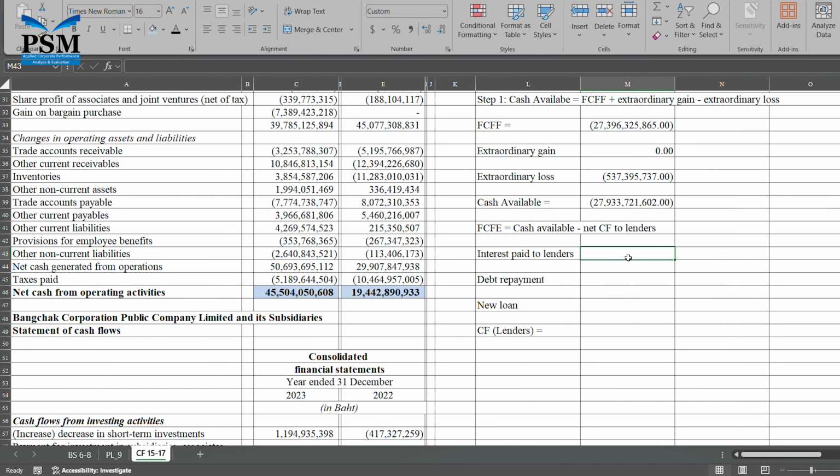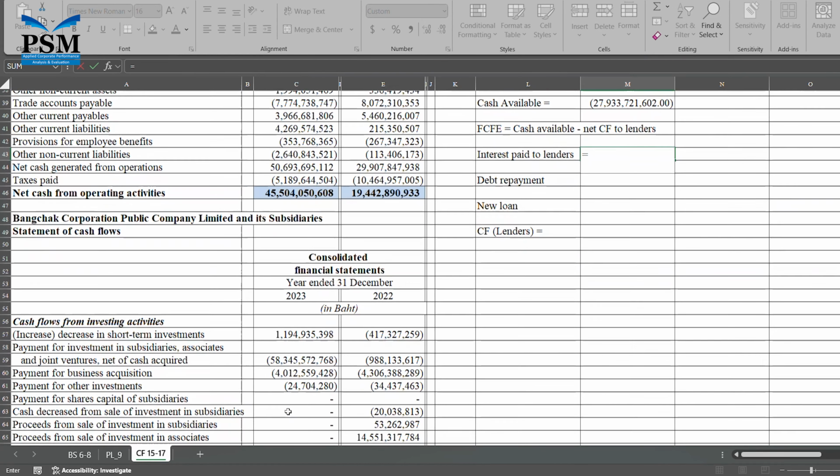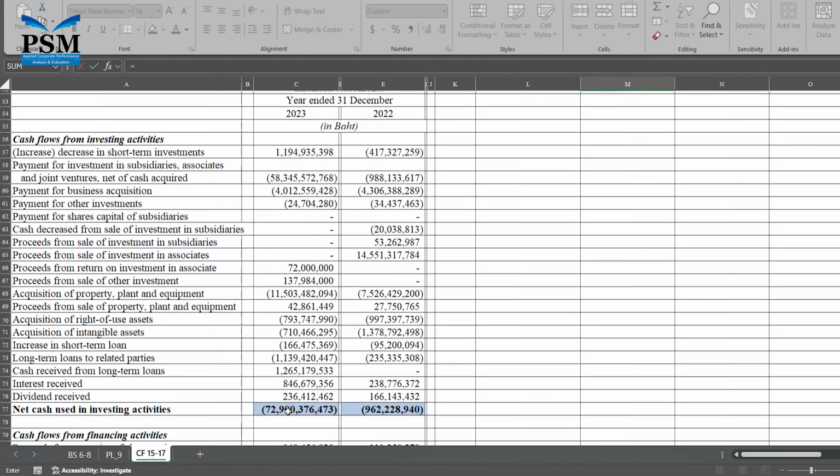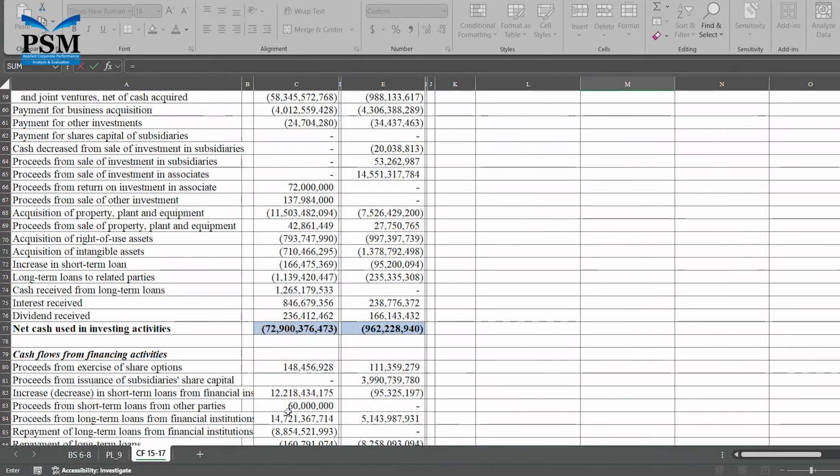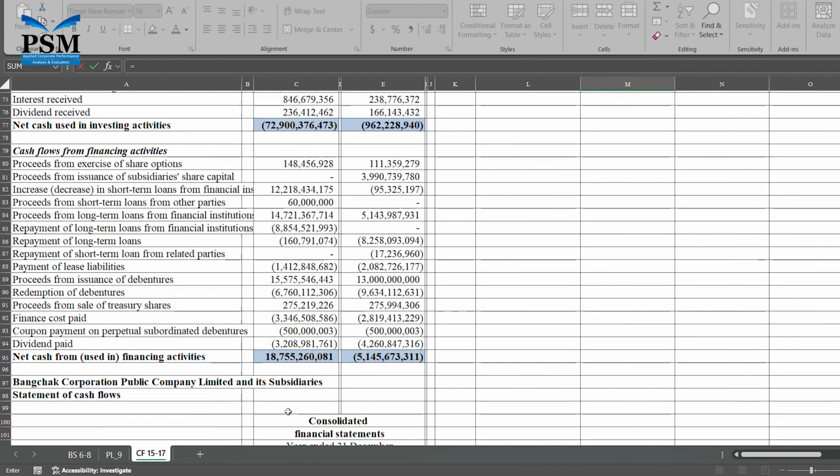So interest paid equals, because we are talking about financing, we go straight to the financing section. If you take a look at the interest line, row number 75, you see the term interest received. Who received that amount is the lender. Interest paid, or financing activity, on row number 92, finance cost paid.